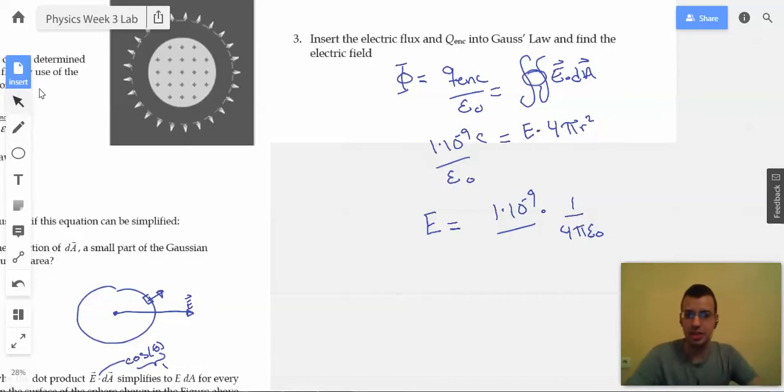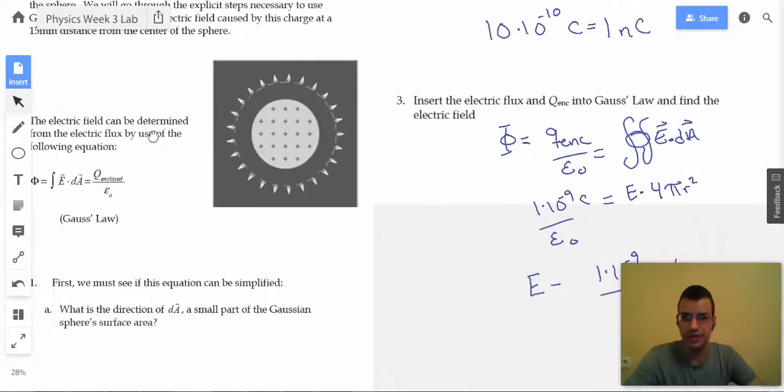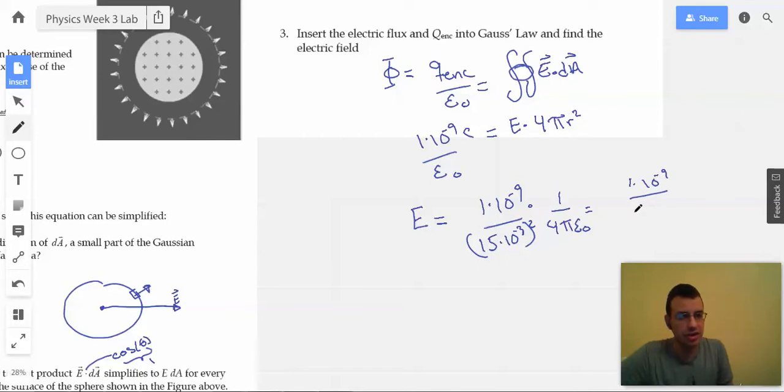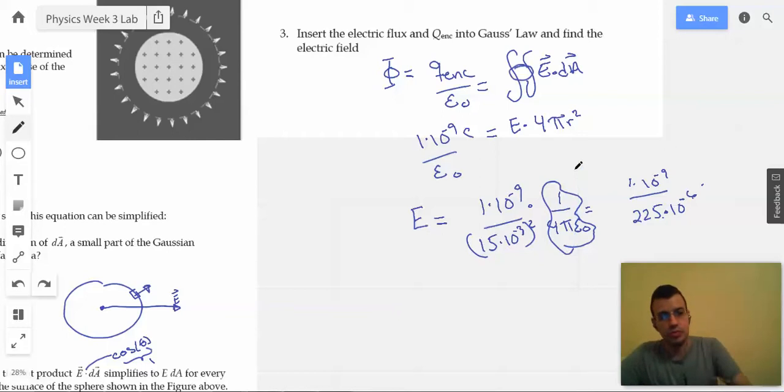I think they said 15 millimeters. So it'll be 15 times 10 to the negative 3rd squared. So we have 1 times 10 to the negative 9th over 225, 15 times 15, times 10 to the negative 6th, times this right here, also known as K, which I pretty much have memorized at this point.